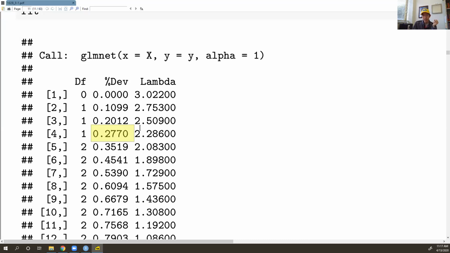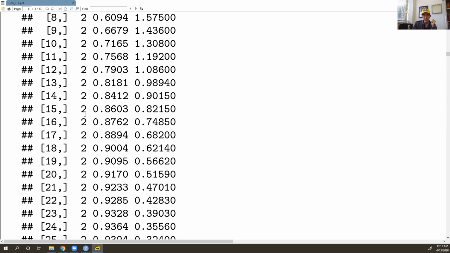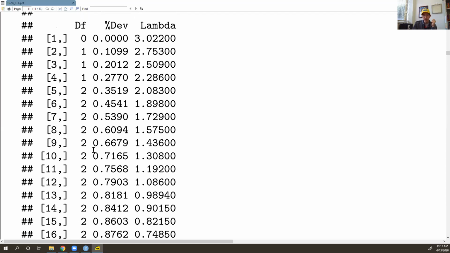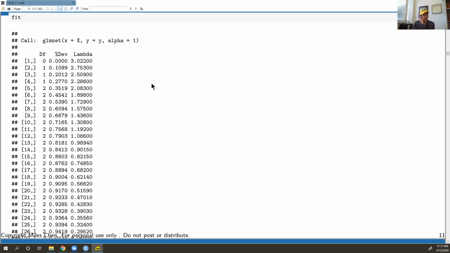And as lambda continues to go down, the degrees of freedom jumps from 1 to 2. Now we're going to have 2 terms in the model. As it continues, eventually we'll add in a 3rd term, and then all 4 terms, as lambda decreases from a large number down to a small number.